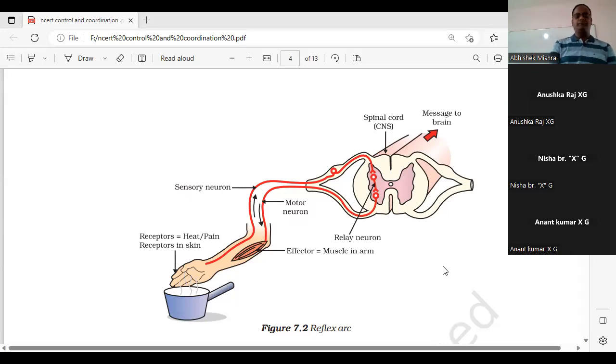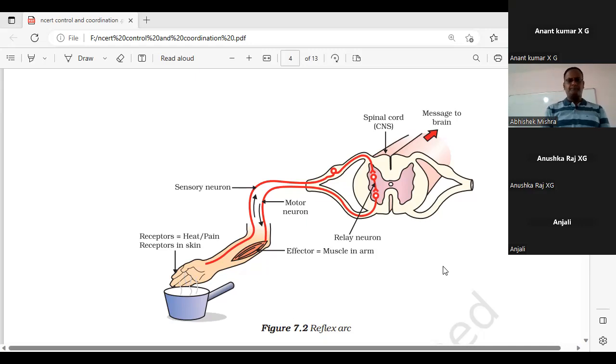Anjali, what is the name of the neuron that connects the CNS to the effector? Okay, Anant raised his hand. Motor neuron.